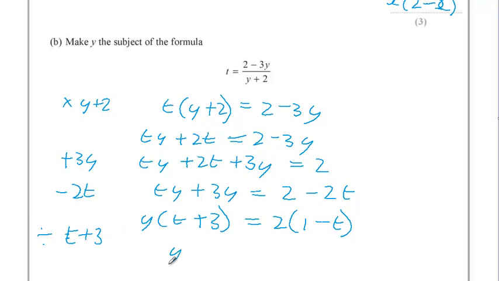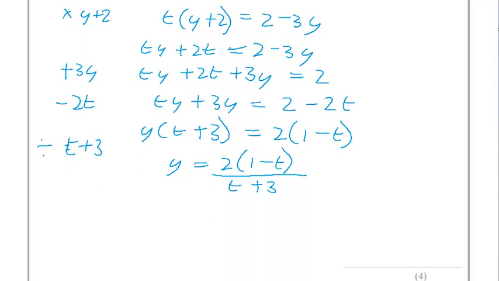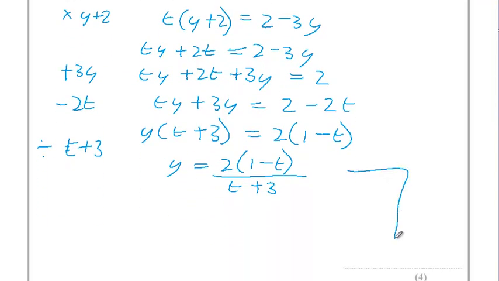So we end up with y equals 2 lots of 1 minus t over t plus 3. Finished. And that goes in there.